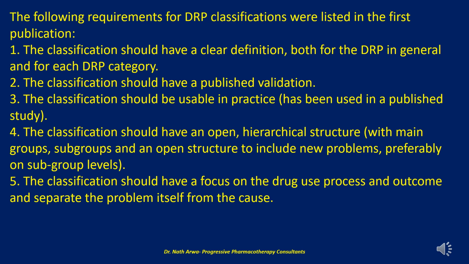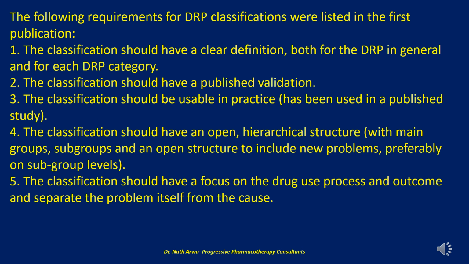The following requirements for drug-related problem classifications were listed in the first publication. 1. The classification should have a clear definition, both for the drug-related problem in general and for each drug-related problem category. 2. The classification should have a published validation. 3. The classification should be usable in practice, has been used in a published study. 4.